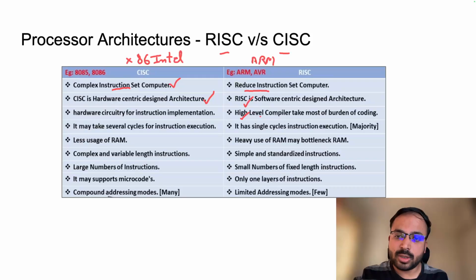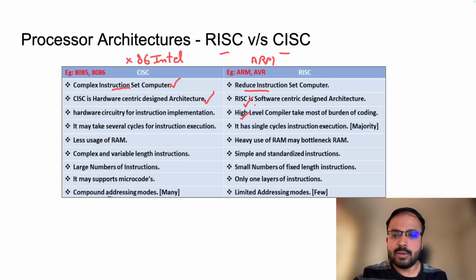For the same job or the same output, you will need to write more code in RISC, because you have a lesser number of instructions, so you have to use all of them to produce the same output. We will discuss that as an example. The basic example is multiplication.